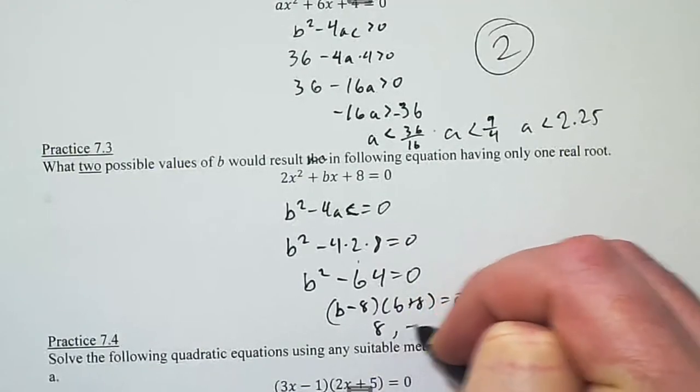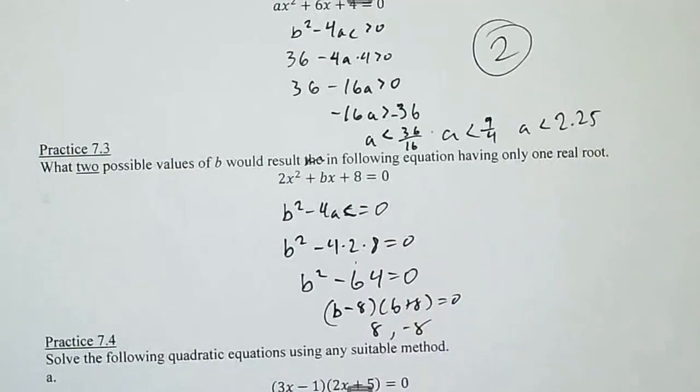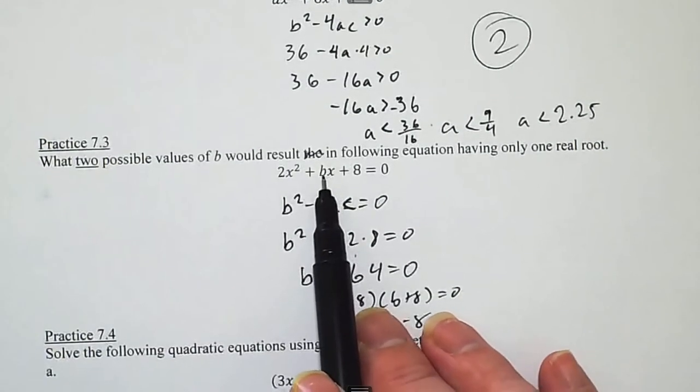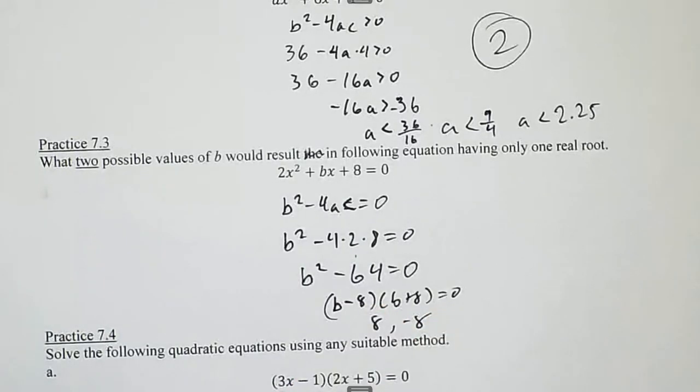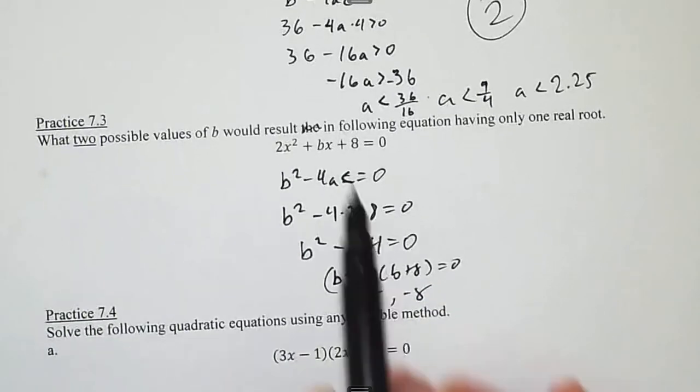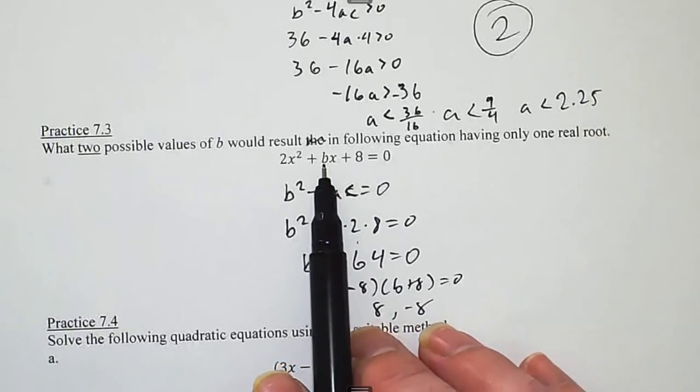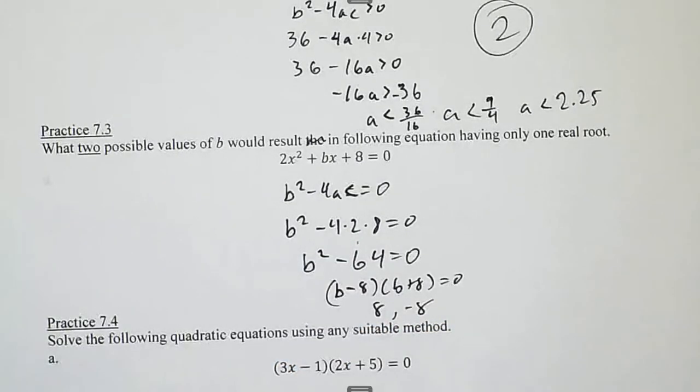So it gives me 8 and negative 8. And we know that if this is going to be a perfect square trinomial, there's 2 different values that this could be. One positive, one negative. 8, and if we put an 8 in there or a negative 8 in there, we will get only 1 solution because it'll be a perfect square trinomial.